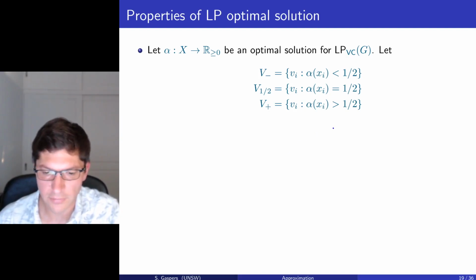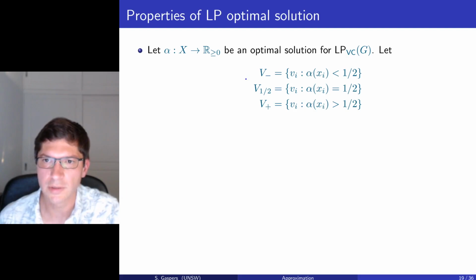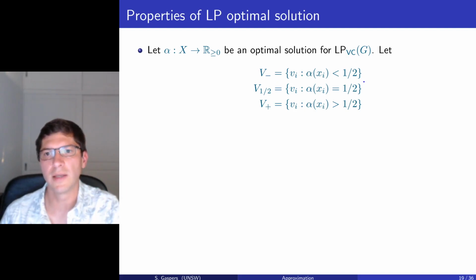I'll partition the variables into 3 sets. So first of all, we have those variables whose value is less than 1/2. Then we have those variables whose value is equal to 1/2, and then we have those variables whose value is more than 1/2.